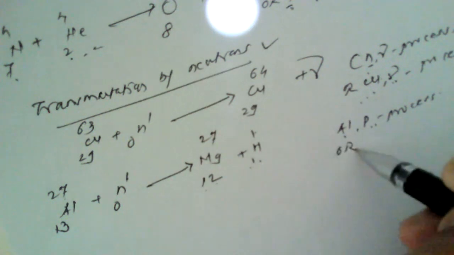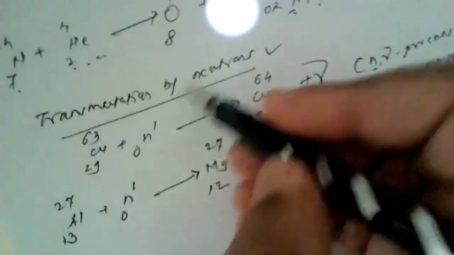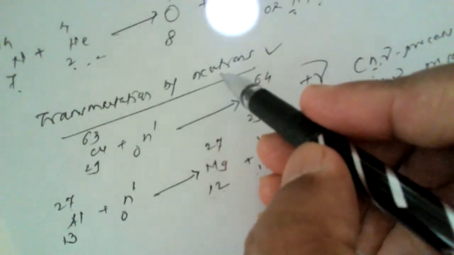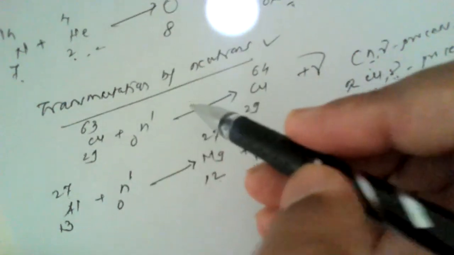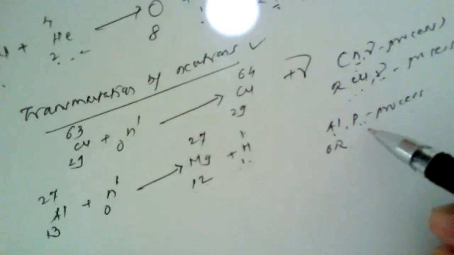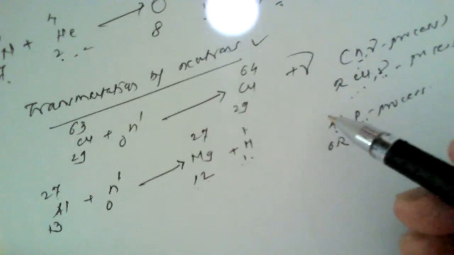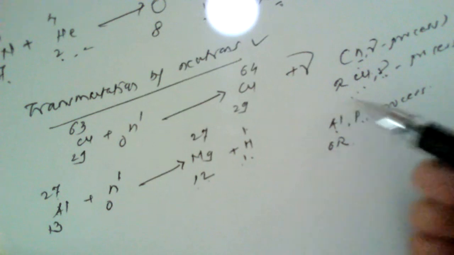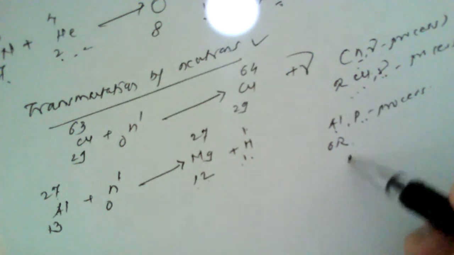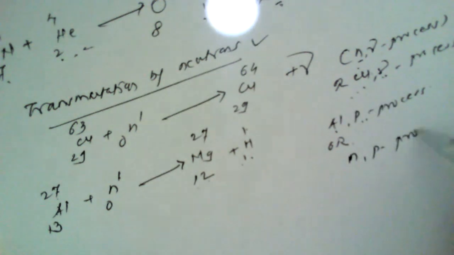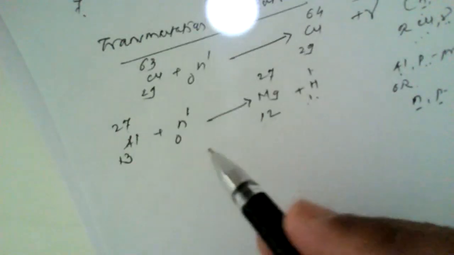Or the same reaction can be written, when neutrons are used as bombarding agents or projectiles, hence not necessary to write the neutrons, simply as the NP process. N is the projectile and P is the ejectile. So this is about aluminium.